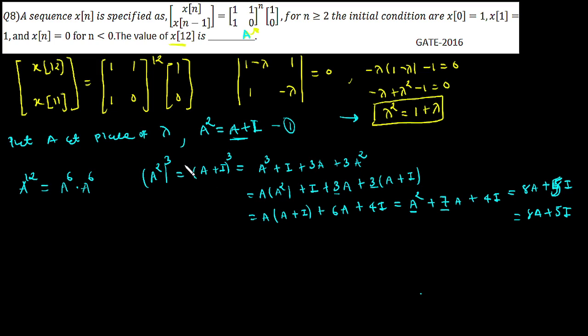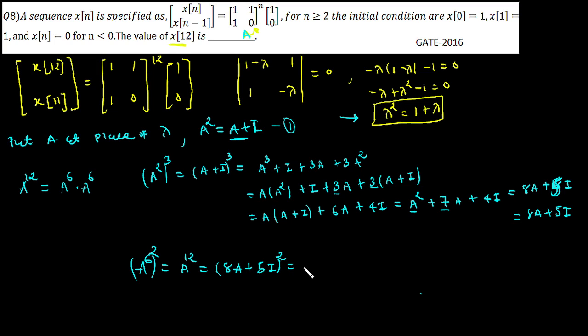Let's again square this A to the 6, so we get A to the 12. So let's square this equation, which is 8A plus 5I to the square.